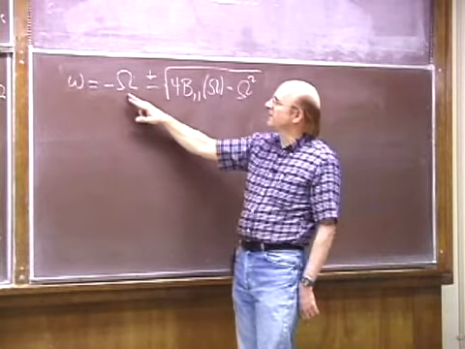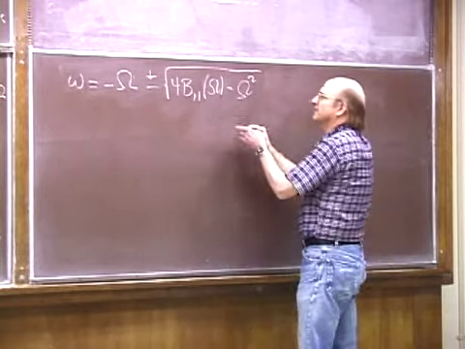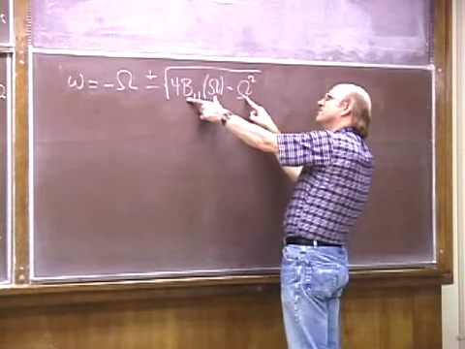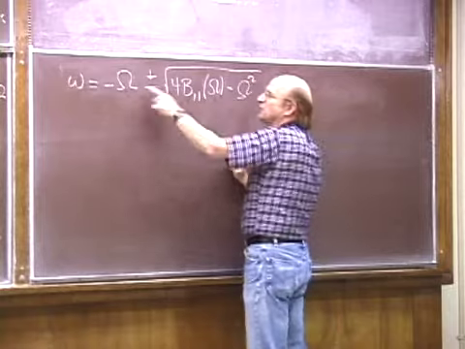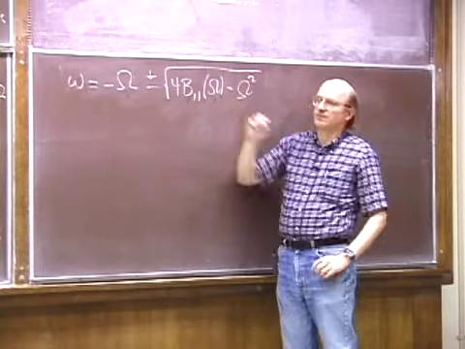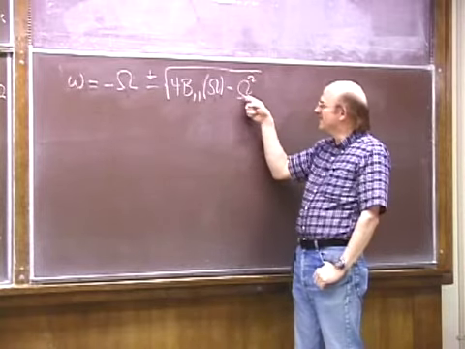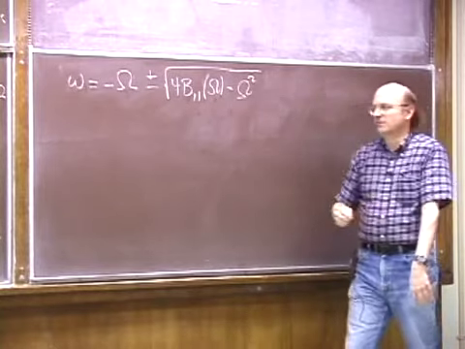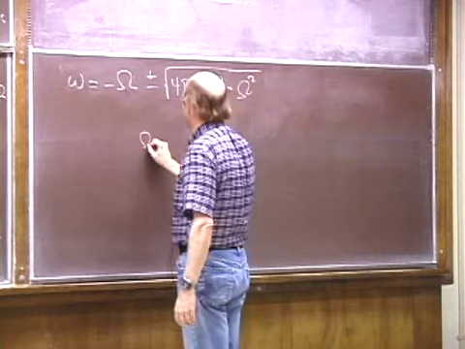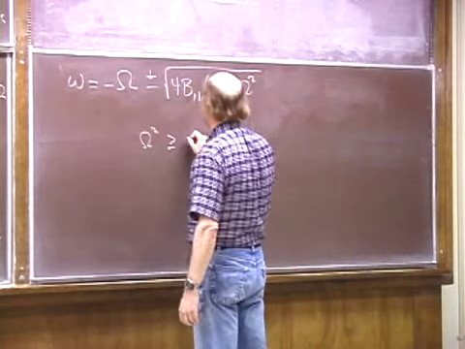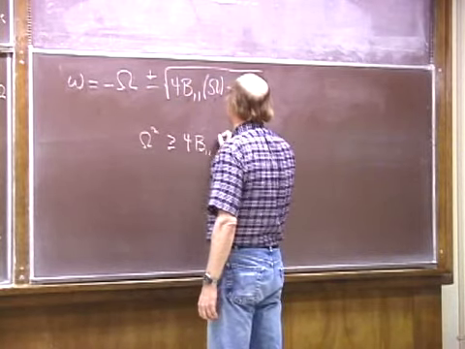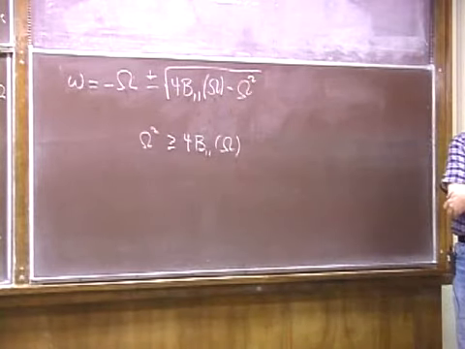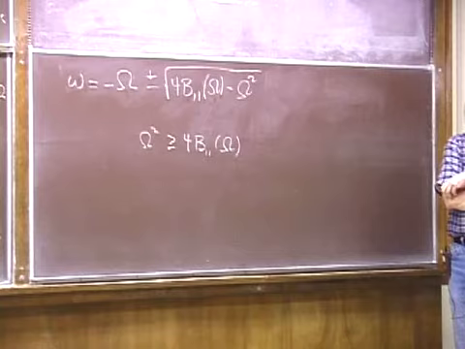This is some fixed constant at omega equals 0. As omega gets bigger and bigger, you have two real frequencies, which are the plus and minus of the square roots, until omega squared is greater than 4 B11, and then this frequency has an imaginary part.